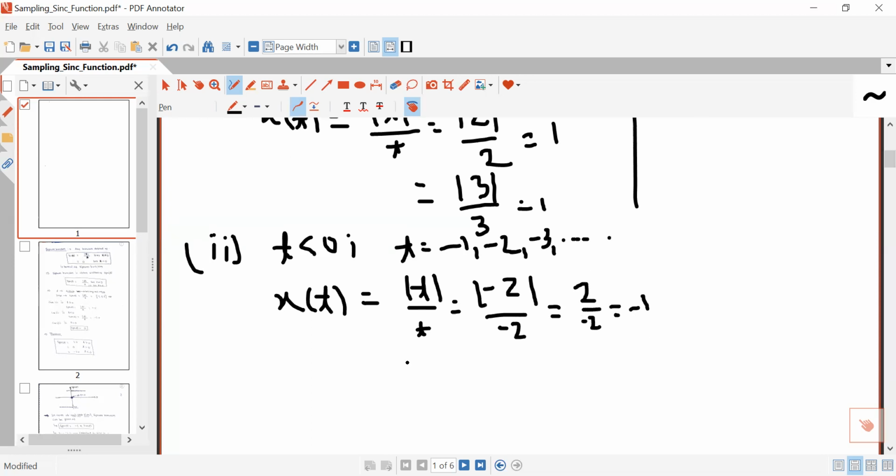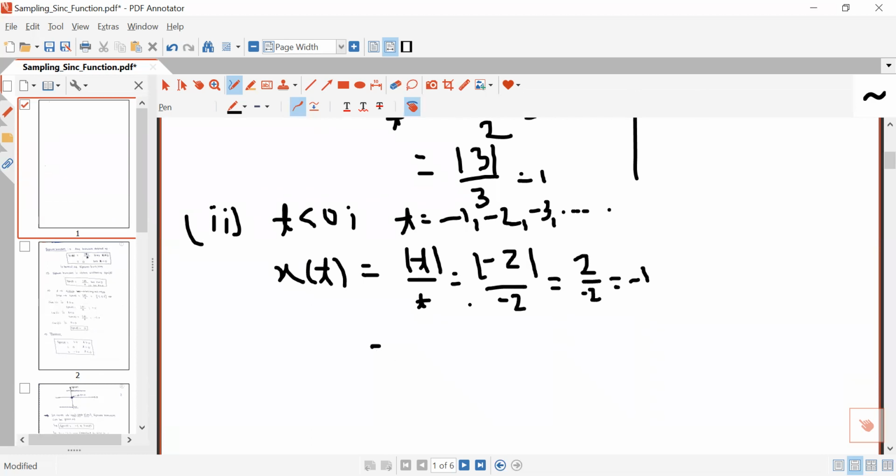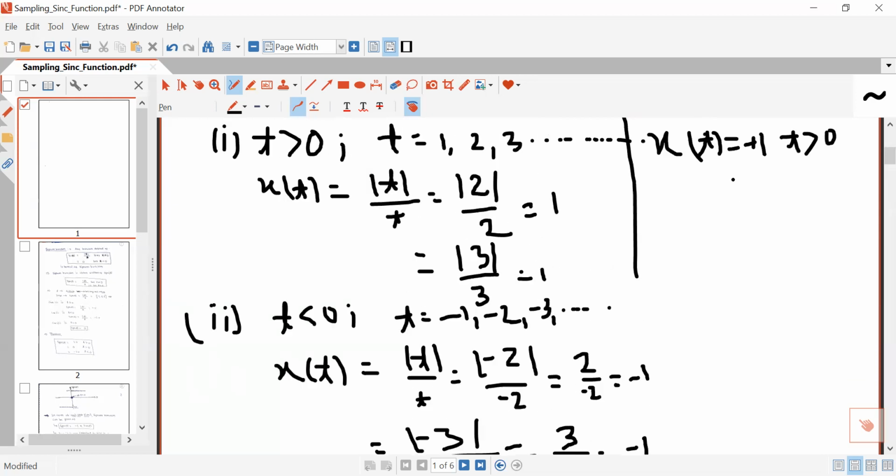Similarly, you can check for any other value of t. Let us consider t is minus 3. What will be the value of x(t)? It will be mod of minus 3 divided by minus 3, and mod of minus 3 will be plus 3, divided by minus 3. You will get again minus 1. So in this way you can check for any negative value of t; x(t) will always be minus 1 if t is negative.